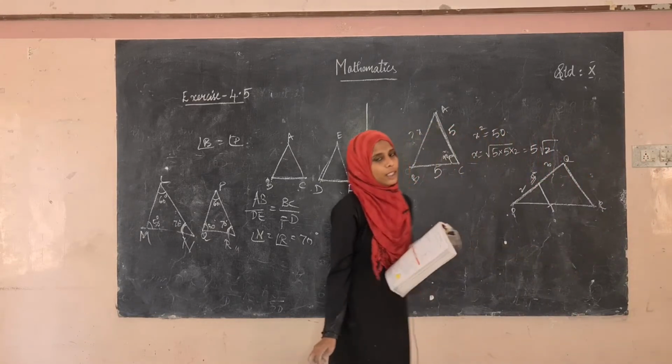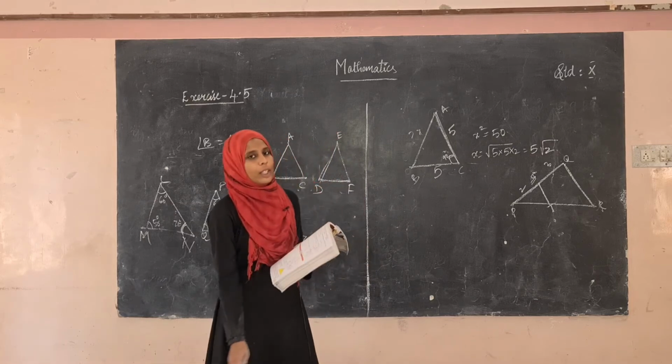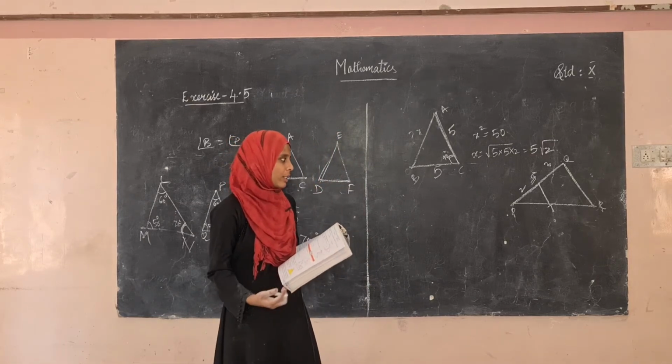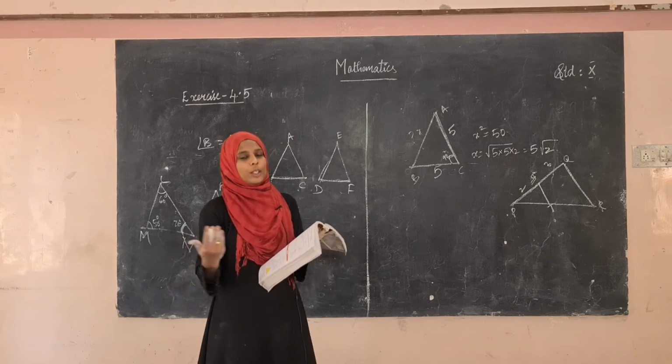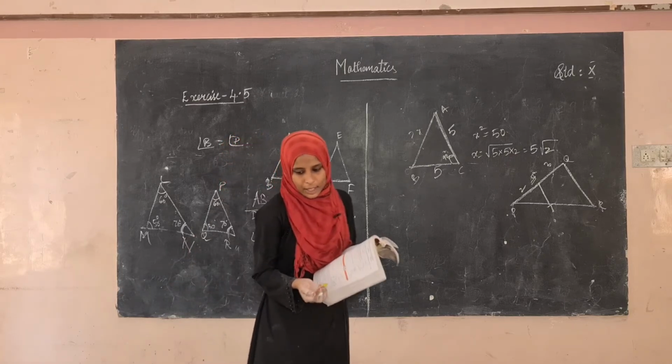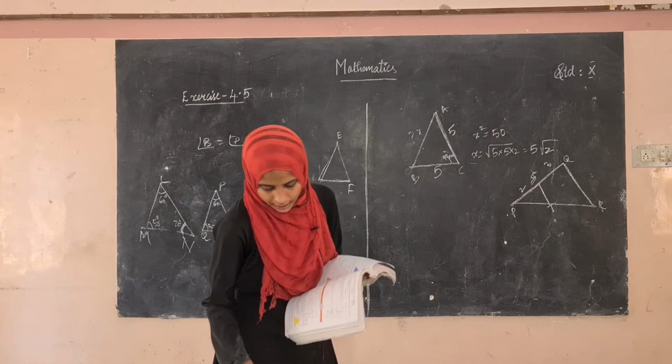So we have learned this. The ratio of the areas of the triangles is equal to the ratio of the squares of the sides.